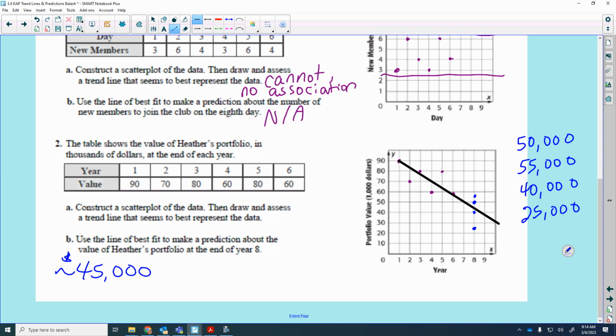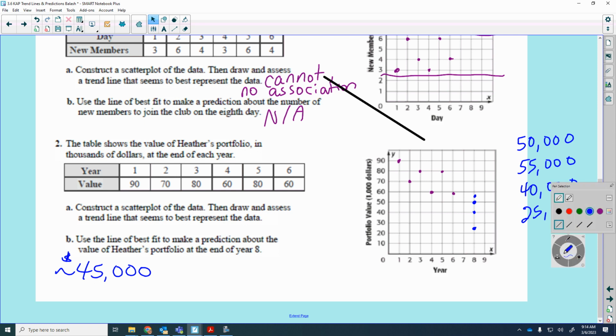And I'm going to take away my line for just a second. Okay. So now, when you step back and you look at it, which ones are it? 45,000. Yeah, this one is too low.